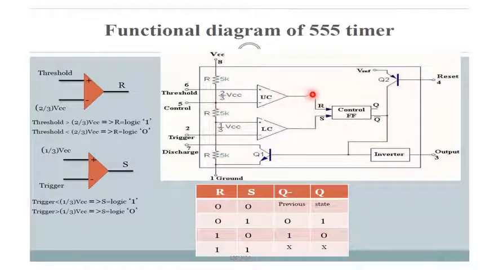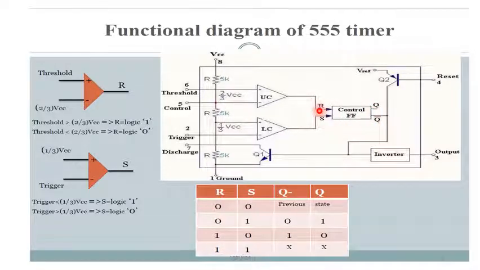The outputs of the comparators are given to the flip-flop. Basically, it is an SR flip-flop, and you know its truth table. When R is 0 and S is 0, it maintains the previous state, with no changes. When R is 0 and S is 1, the output Q will be 1, whereas its complement will be 0.